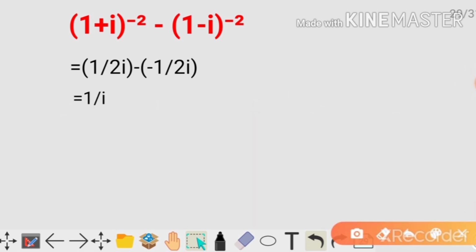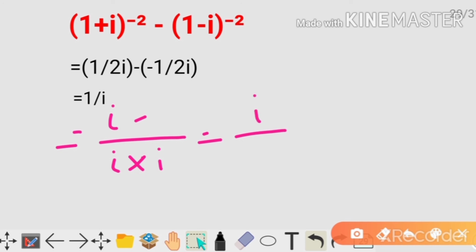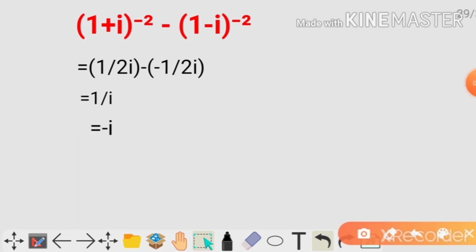So now we'll eliminate the i from the denominator. For this we'll multiply the numerator and the denominator both with i, then we'll get 1 into i means i, and i square will be minus 1, so it will be minus 1. So the answer is minus i. So here is the answer, that is minus i.